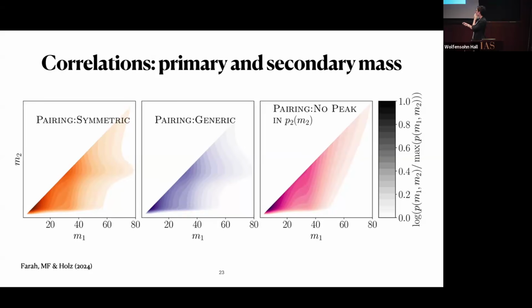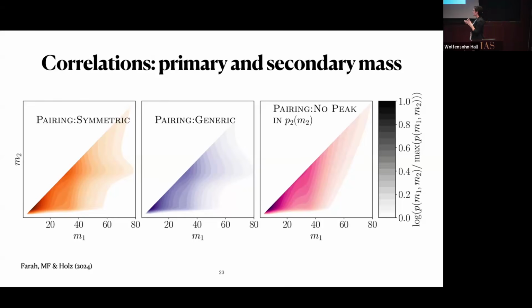But exactly whether some features like the 35 solar mass peak appear in M1 versus M2 versus both is less certain. In this paper, Amanda fit a few different models looking at whether all the features in M1 also appear in M2, in which case you would have a peak at 30 solar masses that appears in both M1 and M2. Or actually, if you allow for different features in M1 and M2, what Amanda found is that it looks like the peak might only be in M2 and not in M1.